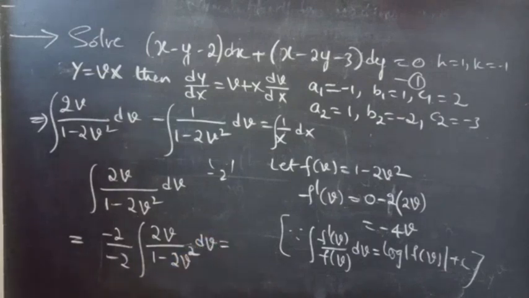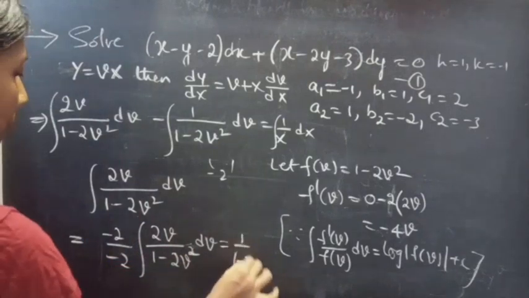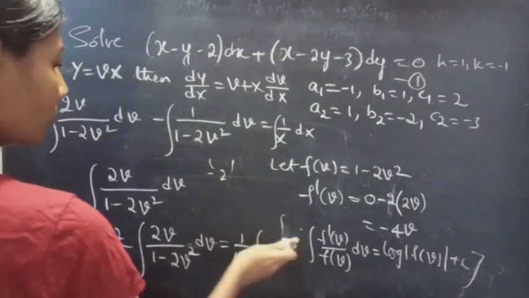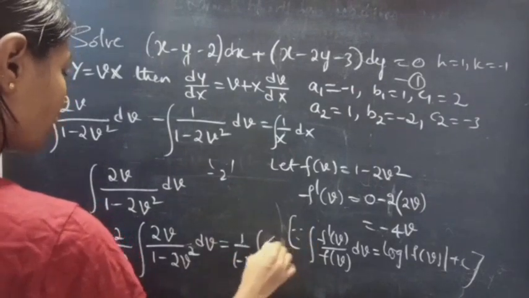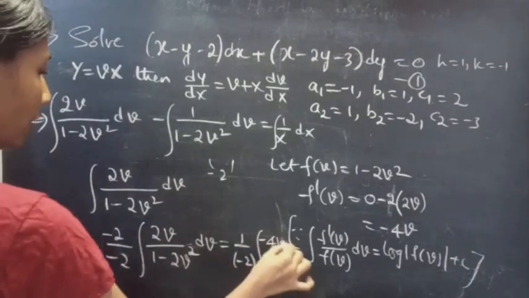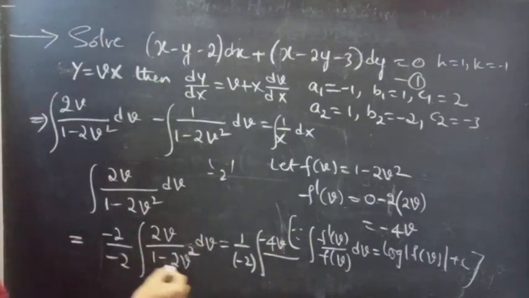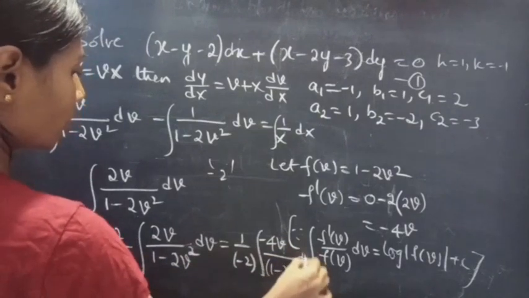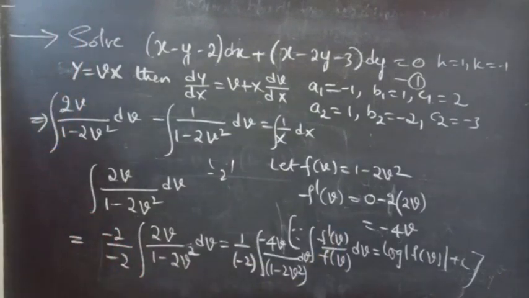Which is equals to, take this minus 2 inside the integral, you'll get 1 by minus 2 into integral, minus 2 into 2 is minus 4v by 1 minus 2v square into dv, right?